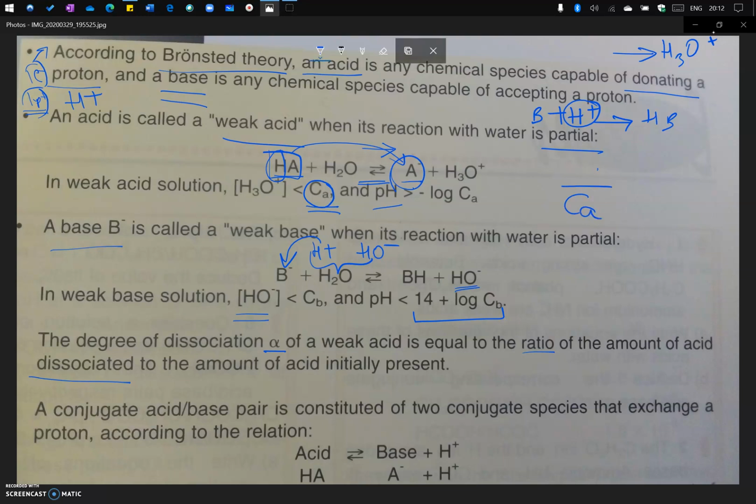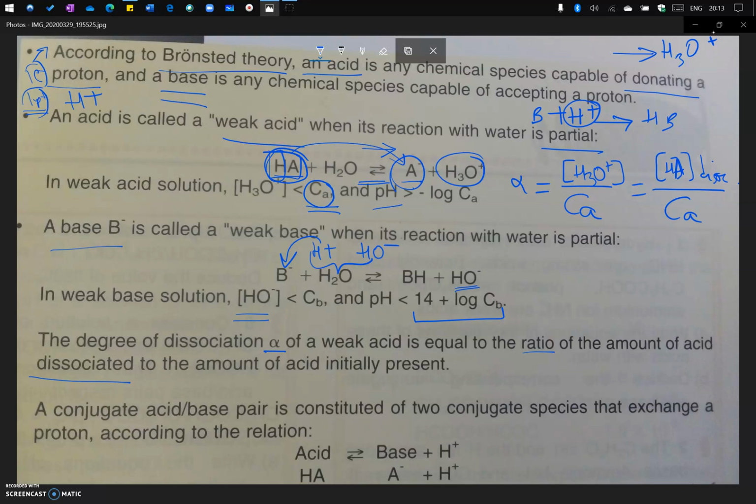However, the concentration of H3O+ is equal to the concentration of HA that dissociated. So the concentration of HA dissociated, which becomes H3O+, over Ca, this is alpha, we call it the degree of dissociation.